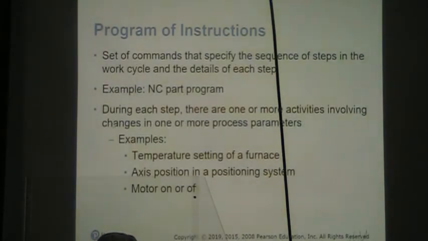So at each step, there are going to be activities involving changes in the process parameters. So that might be a temperature setting of a furnace, the axis position in a positioning system, motor on or off, the tools that a CNC machine might use.